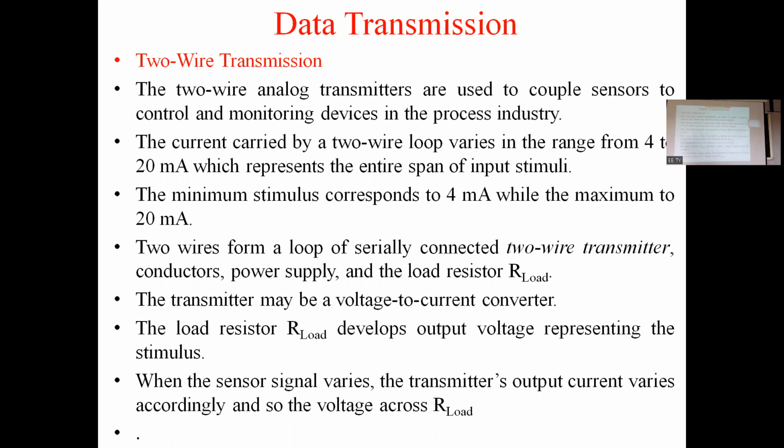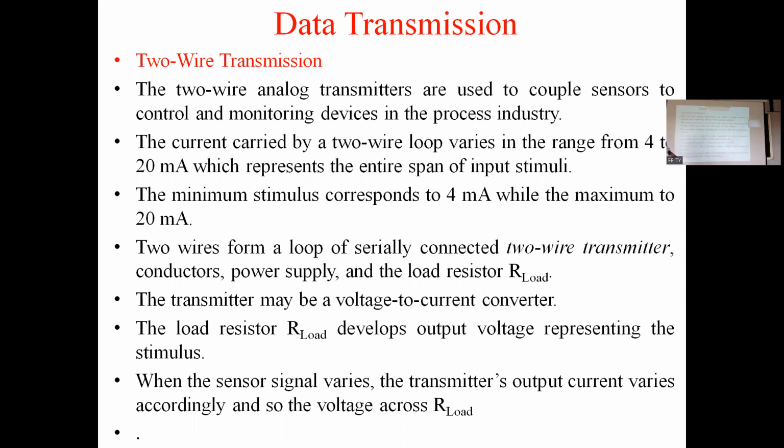The transmitter may be a voltage to current converter, as we saw in the analog to digital converters, or a charge to frequency converter, or a current to frequency converter, or a pulse converter. And the last one is the successive approximation converter. Okay, successive approximation converter we have discussed.